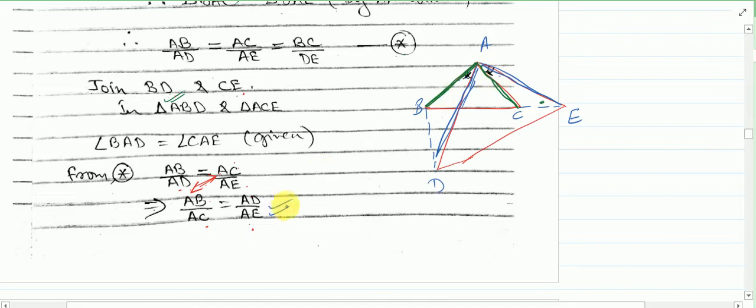Clear? Therefore these two triangles will be similar by side angle side, okay.